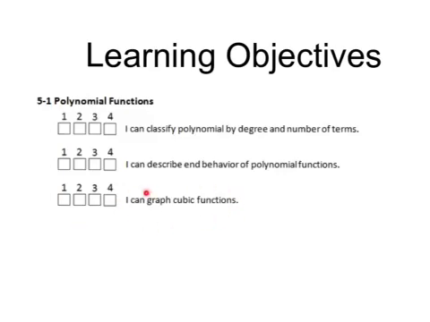This part of graphing is mainly on, I can graph it by making an XY table. So as long as you're comfortable making an XY table for any type of function actually, and plugging in -2, -1, 0, 1, and 2, then you'll be all right. So cubic functions look something like y is equal to x cubed plus 2.